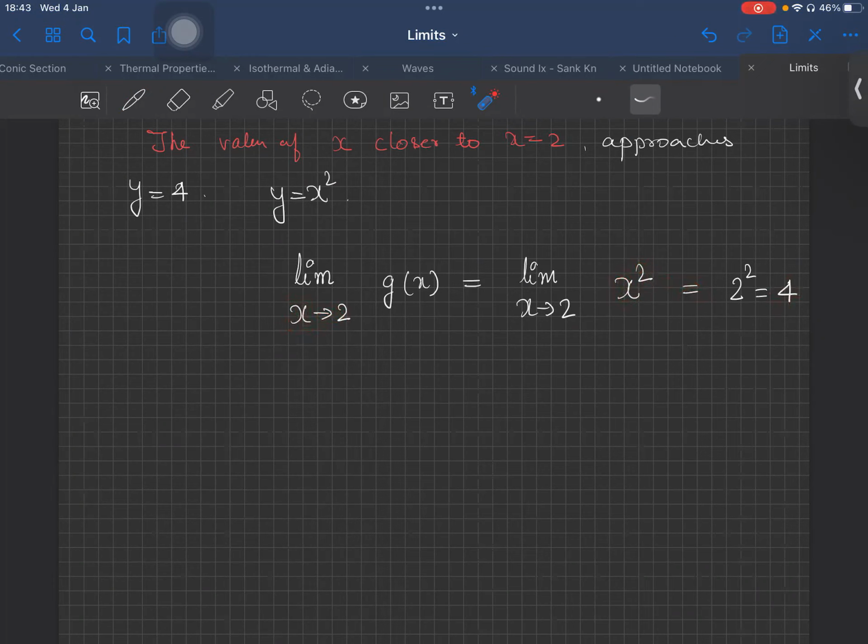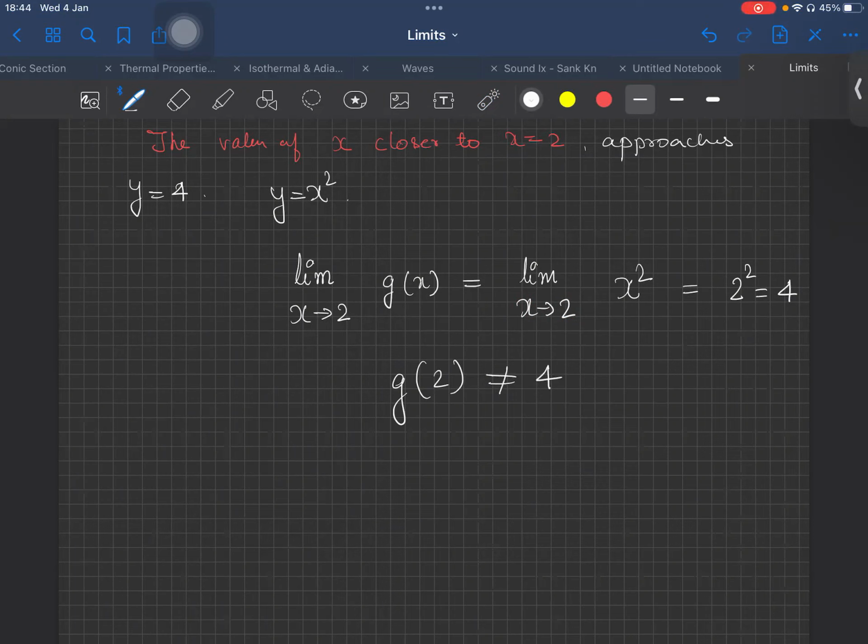The value is tending towards 4. It is not exactly 4. Understood? Limit x tends to 2, g of x is equal to 4, but let's write like this, g of 2 is not equal to 4.